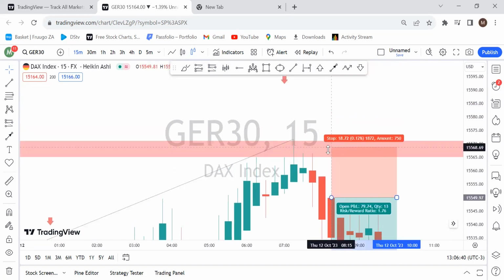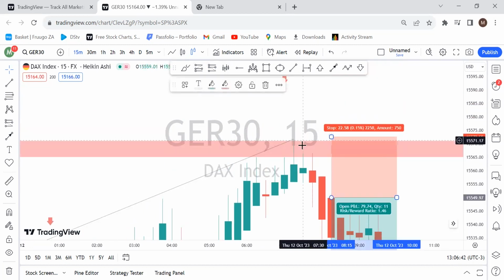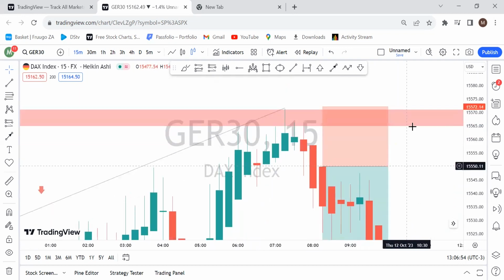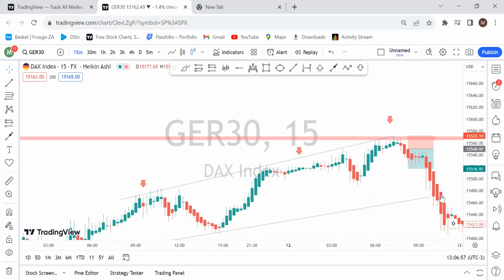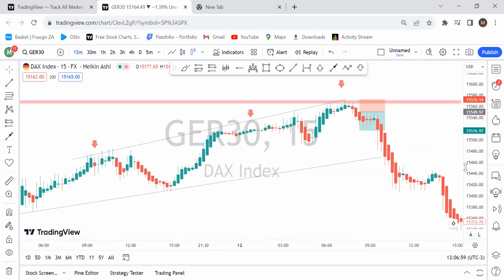Set your stop loss right above the previous high, in case of a sell. So it's right there, right above, right?